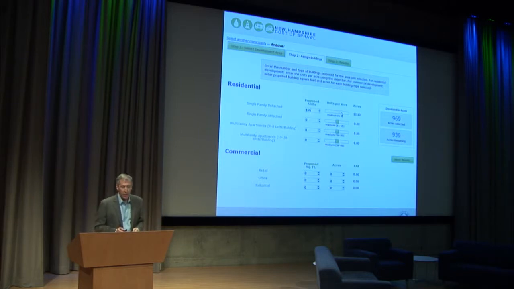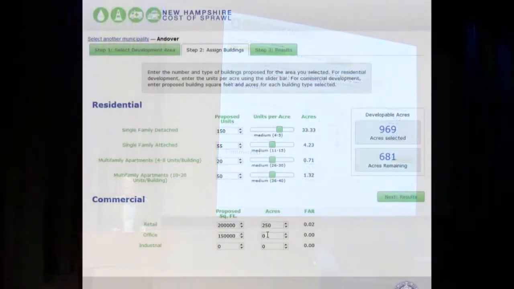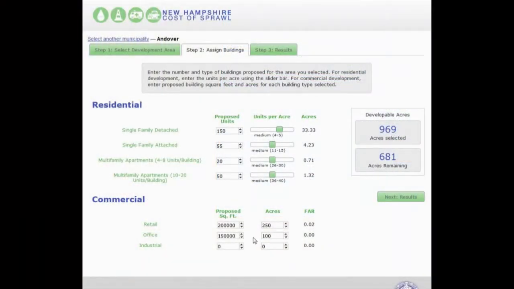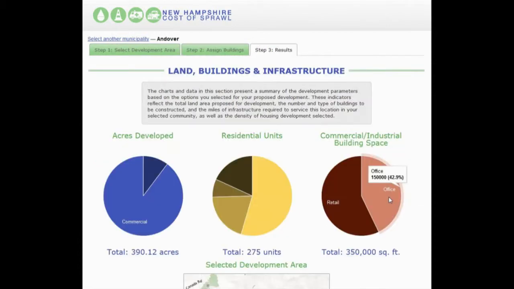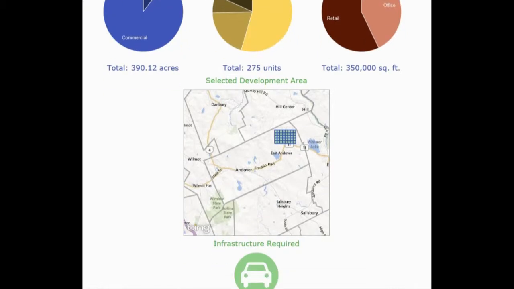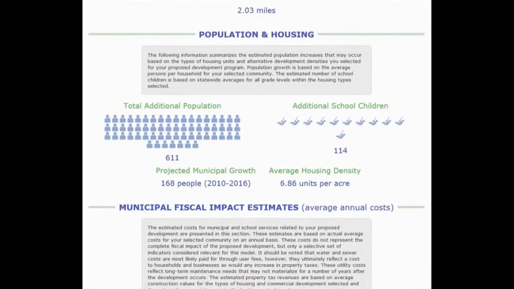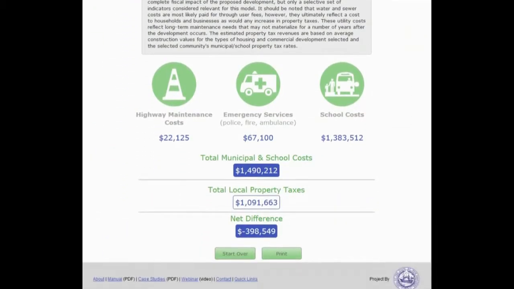Put the polygon, specify something about how much residential and commercial development there's going to be, and then right then, in real time, it models the cost of municipal services based on that particular locality, how far it is from the nearest road, et cetera, and calculates how much it's going to cost the town and what the offsetting tax benefits were.